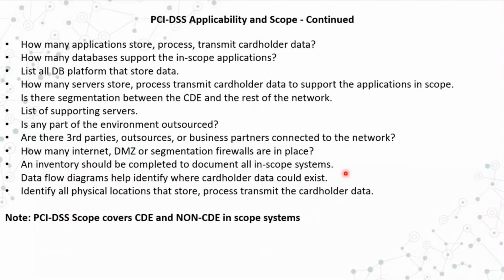Yeah. So here the third parties are business partners connected to the network, right? This also we should know. The first thing we talked about was outsourcing. Now there is something where we are connected to. So we ask the bank, or Amazon, let's take the example of Amazon, where are you connected to? They will say, we are connected to Visa, we are connected to Mastercard, or we are connected to the payment gateway. That should reflect in their network diagram.